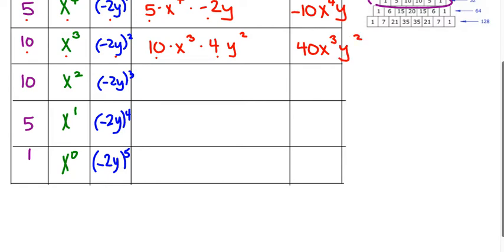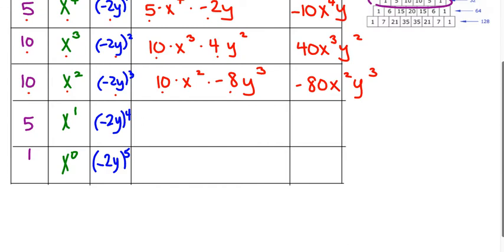Then we have 10x squared. And now this is negative 2y times negative 2y times negative 2y is negative 8y cubed. Multiply those together. 10 times negative 8 is negative 80, x squared, y cubed.